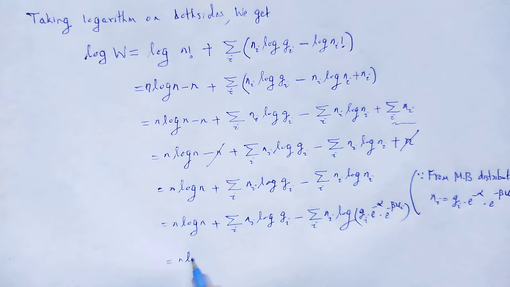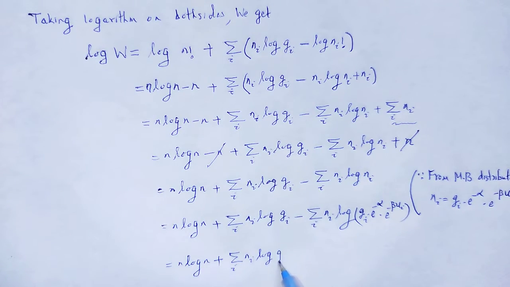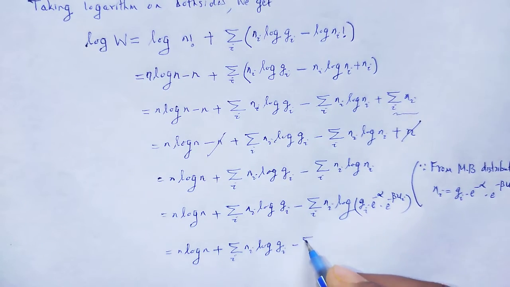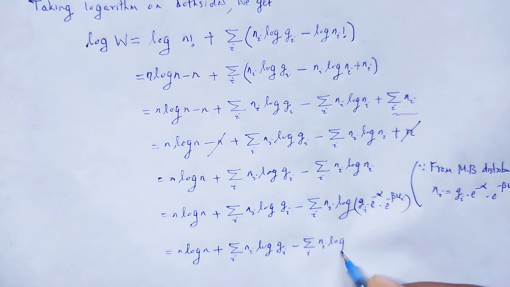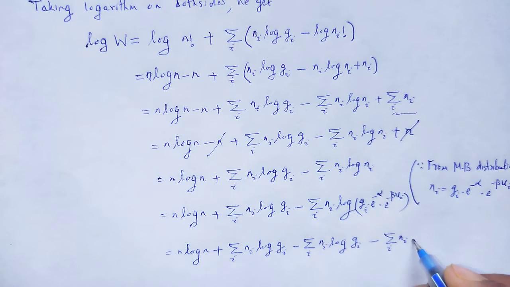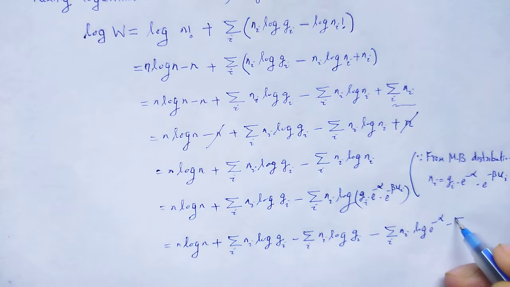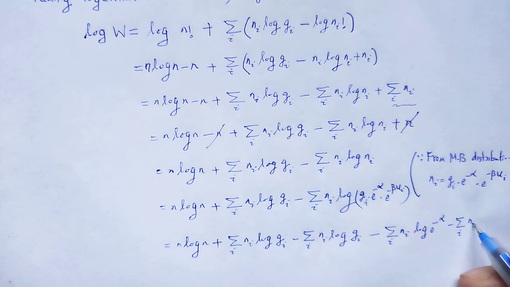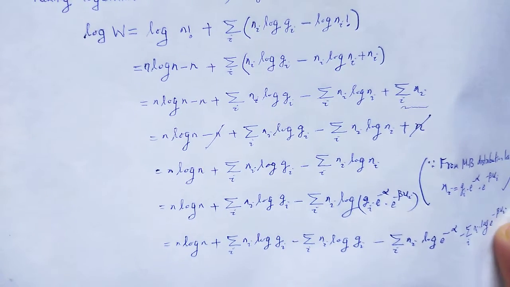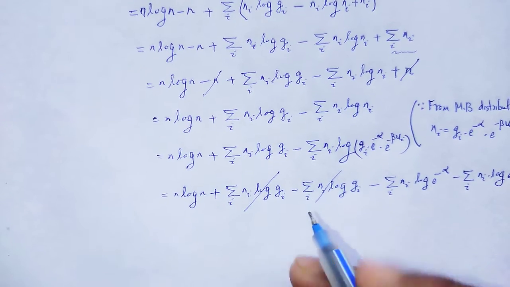This is equal to n log n plus summation over i ni log gi, expanding that logarithmic bracket, minus summation over i ni log gi, minus summation over i ni log e to the power minus alpha, next minus summation over i ni log e to the power minus beta ui. Plus and minus, these two terms are cancelled.